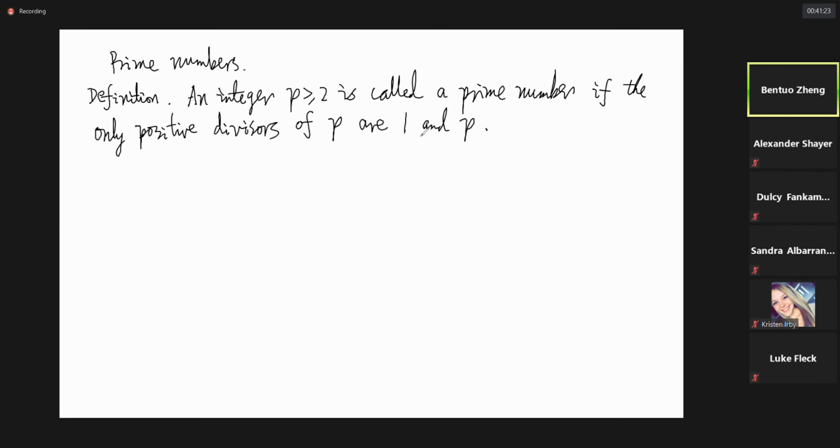So in other words, a prime number has only two positive divisors. That is 1, because 1 divides all the integers greater than or equal to 2. And p is obviously a divisor of p itself. So prime numbers are only those numbers with 1 and p as their divisors.